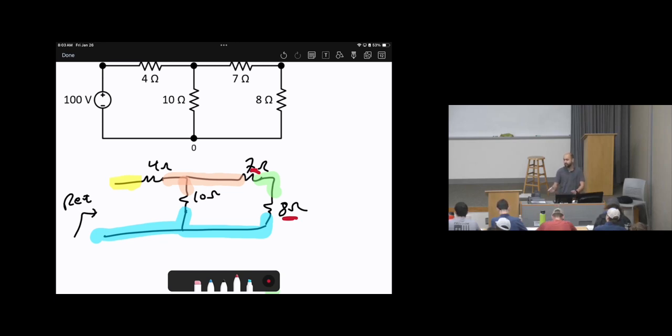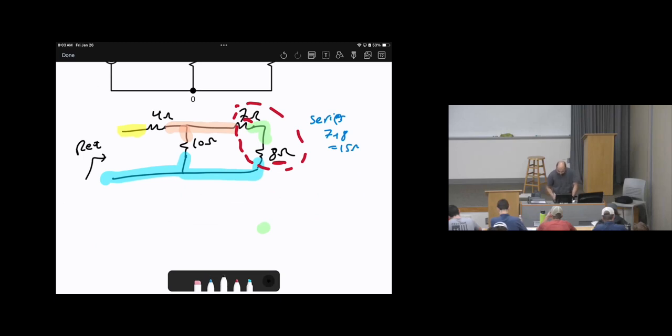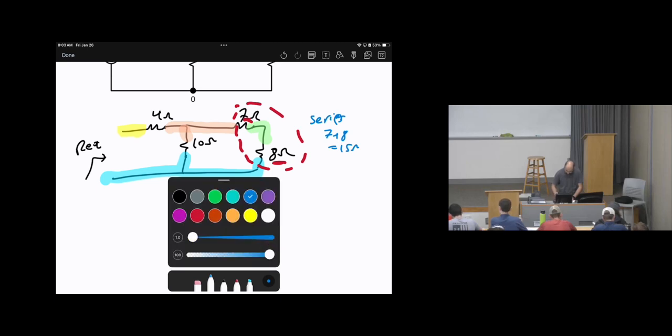So what's this relationship, 8 and 7? Series. Why? Surely the same current, exactly. So these two resistors are in series, yielding 7 plus 8 equal to 15 ohms. Now we can redraw the circuit by making the simplification.